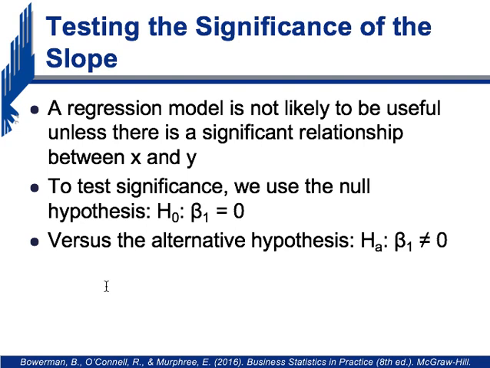So y is constant, whatever the value of x is. That indicates that there is no relationship between x and y. So as long as we can show that the slope of the regression model is not equal to 0, that is enough for us to say that there is a statistically significant relationship between x and y.